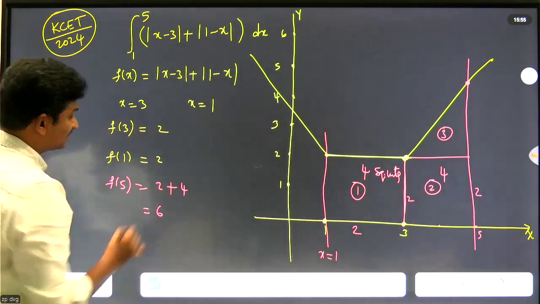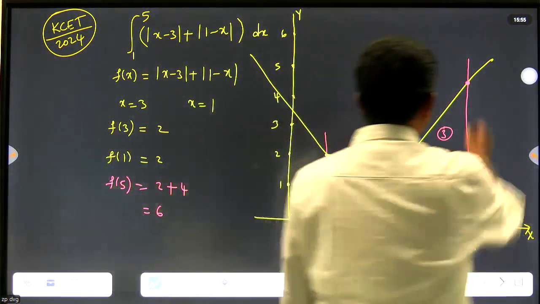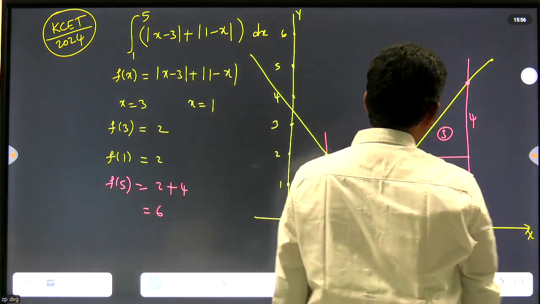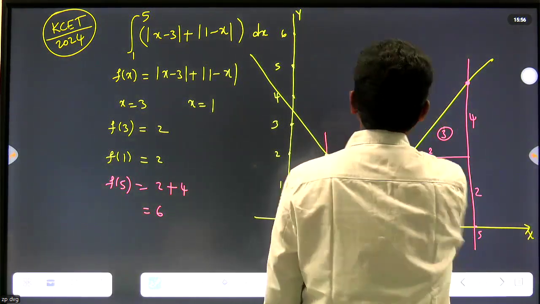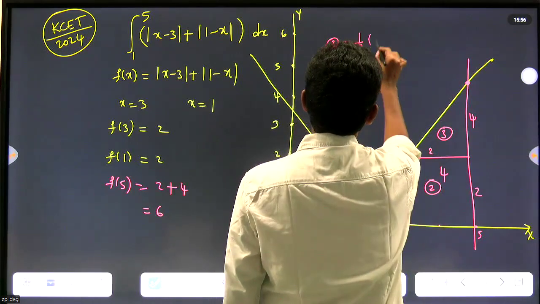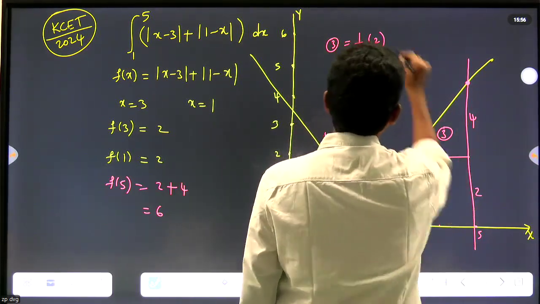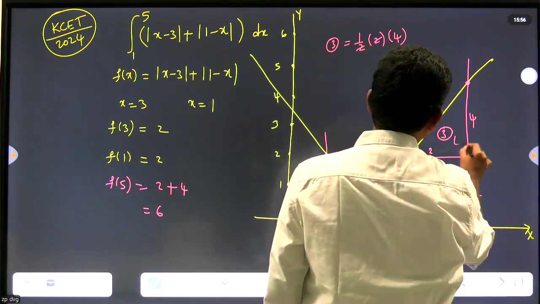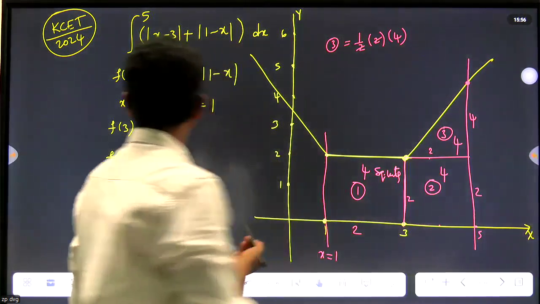So this is 6, and this length is 6 units. This is already 2 units, so this is 4 units. The third area is half into base into height. Base is 2 units, height is 4 units. So this area is also 4 square units.